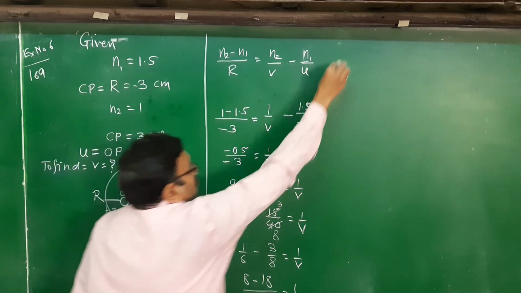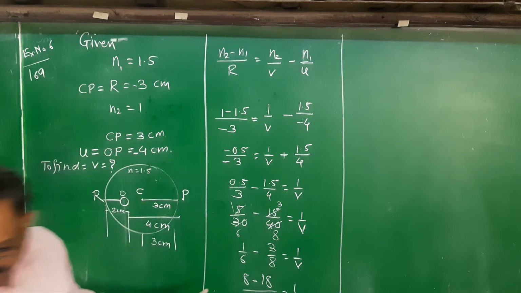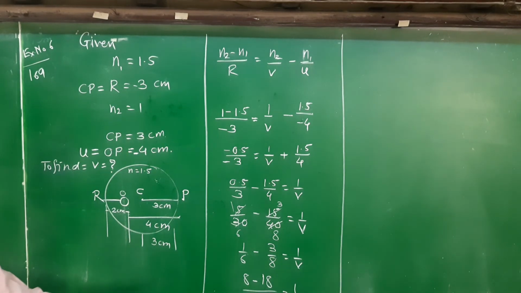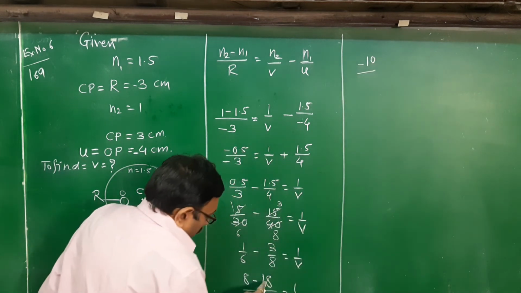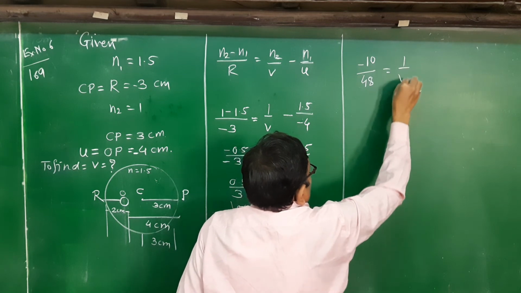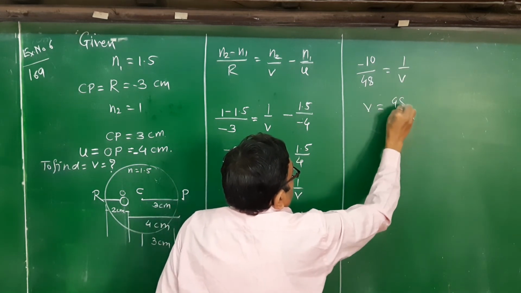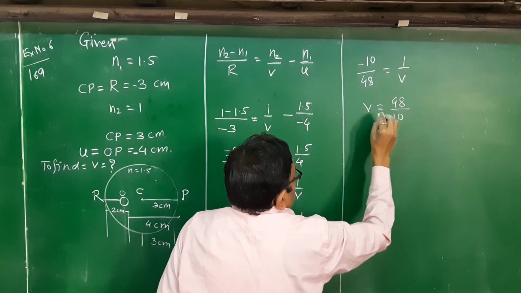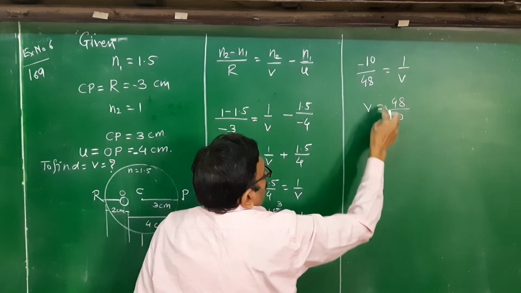Therefore, in the next step we write 1 upon v equals minus 10 upon 48. Therefore v is equal to 48 upon minus 10; we take the reciprocal of this.